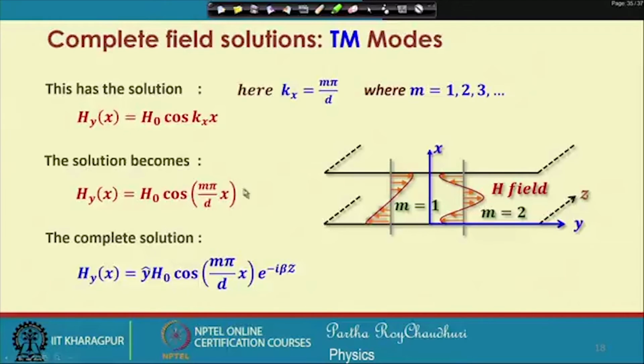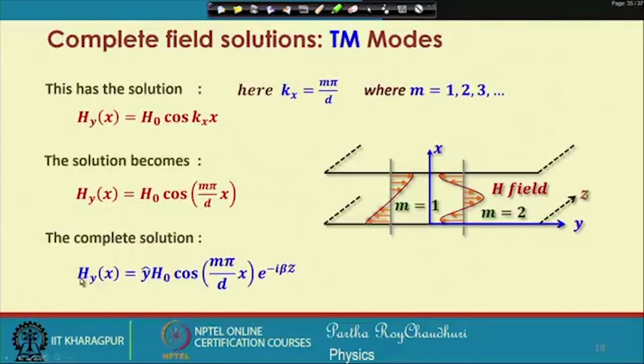The solution now becomes imposing the second boundary condition, that at x equal to d you have this condition to be satisfied. We have the discrete values of this kx, which gets into this equation to give you the solution of the magnetic field, that is Hy is equal to this.